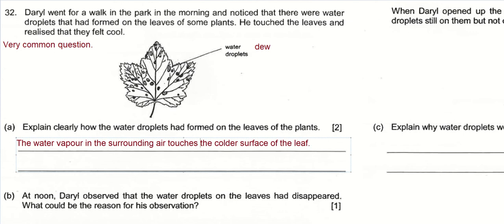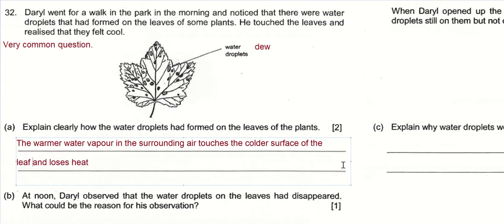So you can see that the warmer water vapor in the surrounding air touches the colder surface of the leaf, and loses heat to the leaf. So the warmer water vapor in the surrounding air touches the colder surface of the leaf and loses heat. So the warmer water vapor loses heat, right?